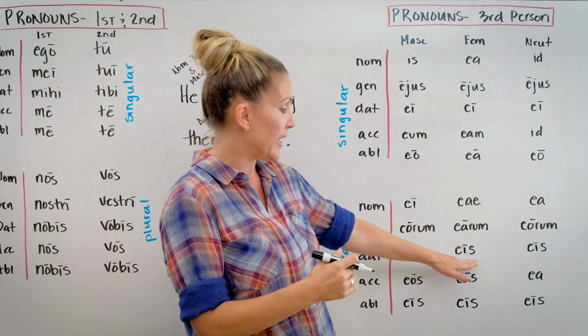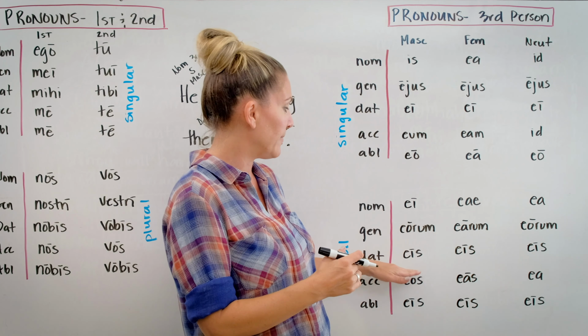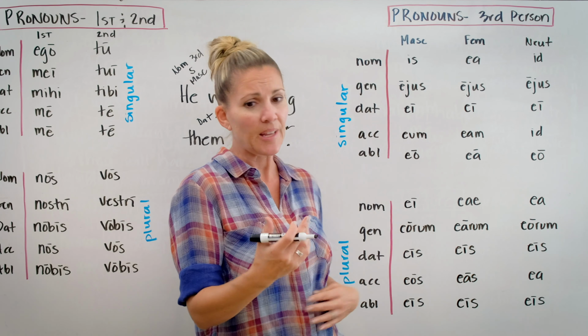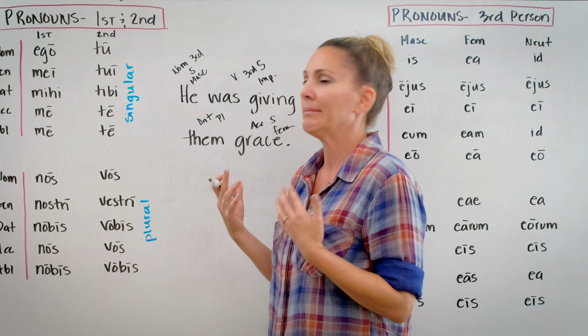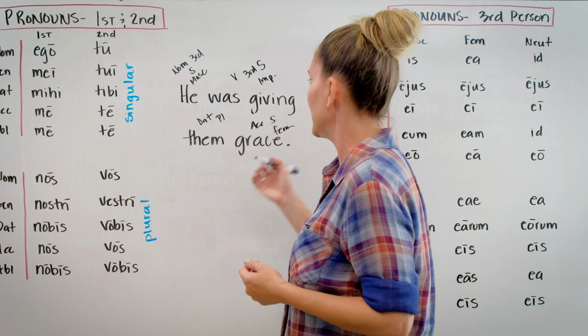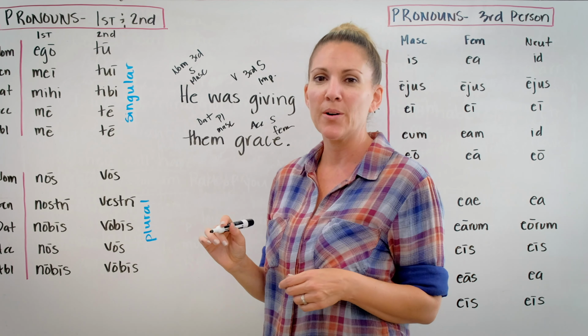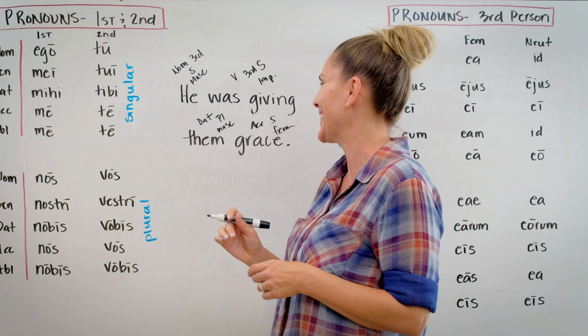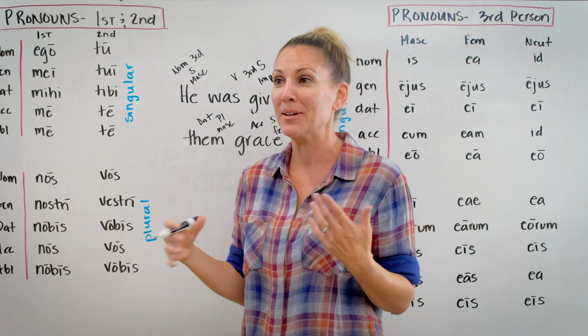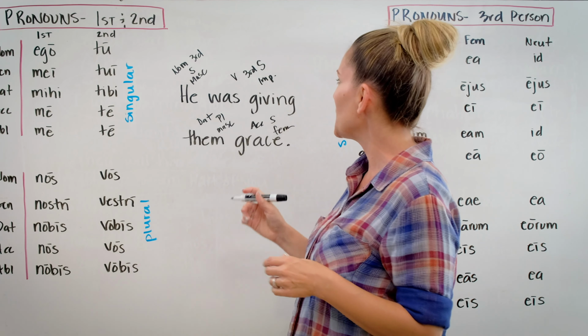It happens to be the same here for the masculine and the feminine, the dative plural. However, I always say, when in doubt, go with masculine. So we're going to go ahead and go with masculine because we're going to assume there's a couple of men in the group.